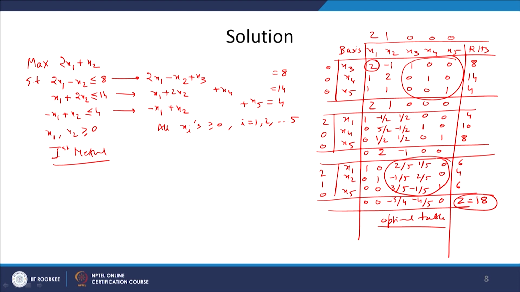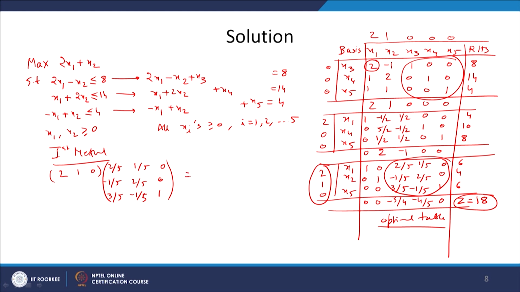So, this is nothing but this has to be multiplied by this vector. So, 2 1 0 multiplied by this matrix 2 by 5, minus 1 by 5, 3 by 5, 1 by 5, 2 by 5 and minus 1 by 5, and 0 0 1.